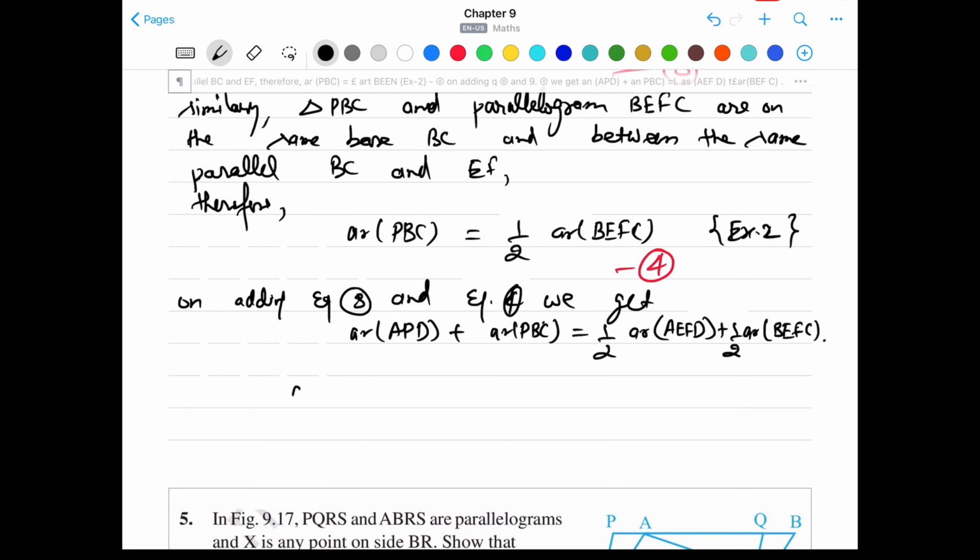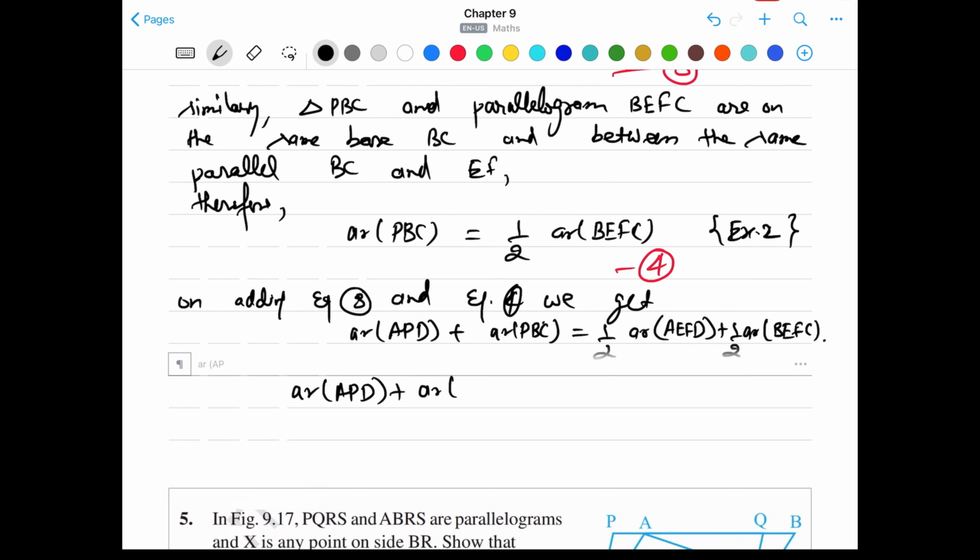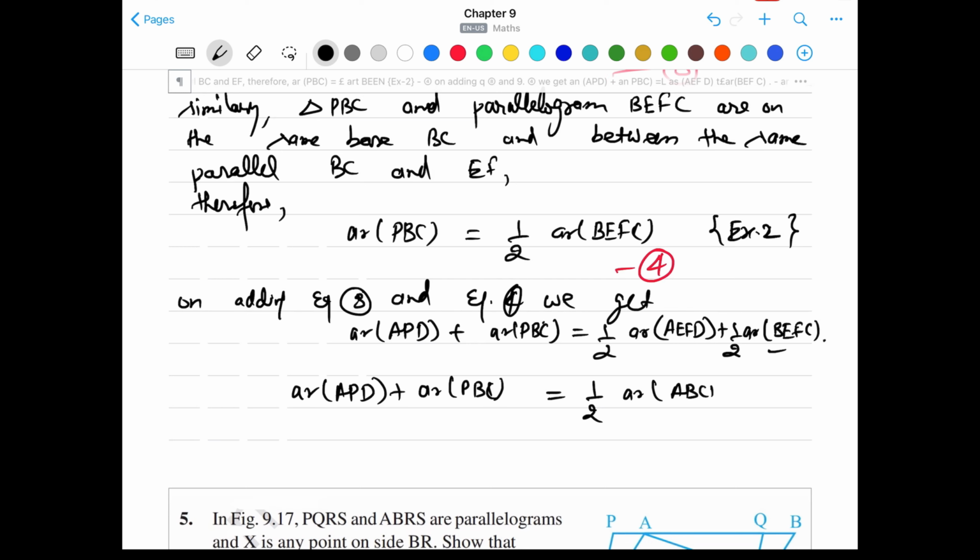Keeping the left hand side term as it is, area of APD plus area of triangle PBC, on this side we'll have, taking half common, when you add these two, the area of parallelogram ABCD.